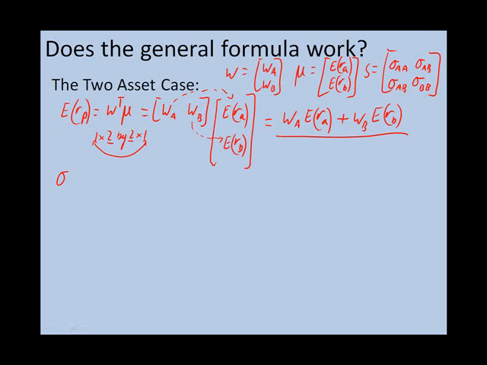What about the portfolio variance, which is equal to W transpose times by S, the variance covariance matrix, times by W? Can we do this matrix multiplication? Well, we know that W transpose is 1 by 2 times by S, which is a 2 by 2, times by W, which is a 2 by 1 matrix.